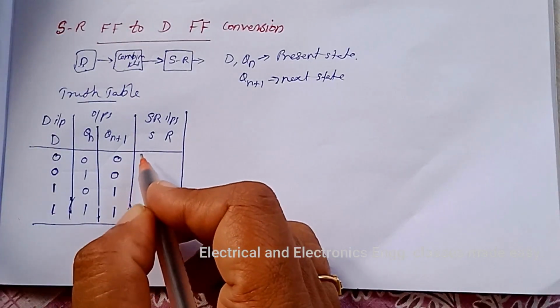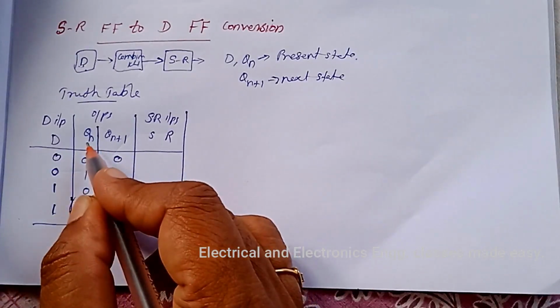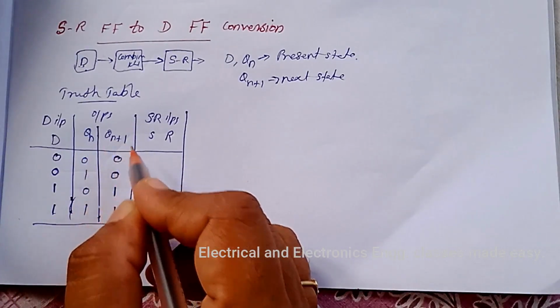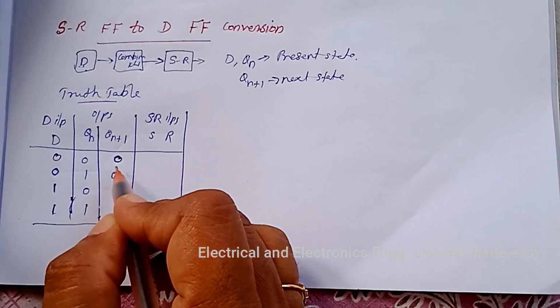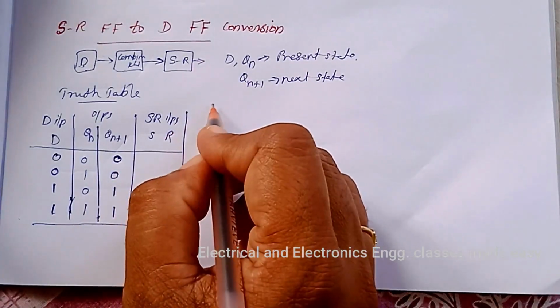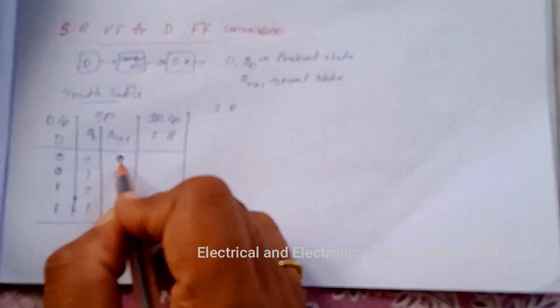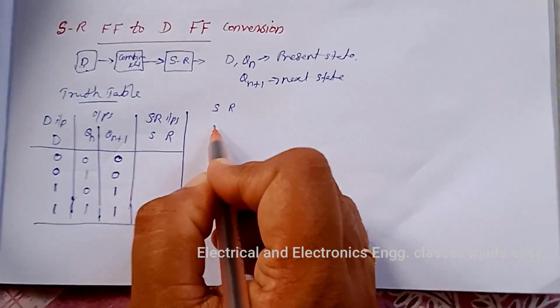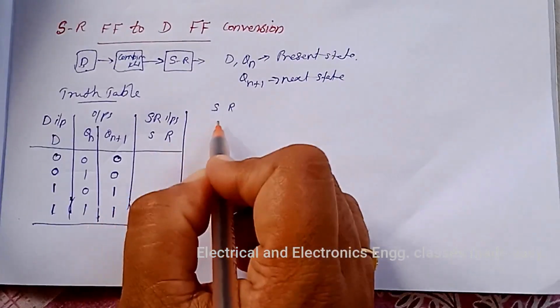Now we have to write the SR input depending on this Qn and Qn plus 1. So this is the next state to be obtained, that is 0. So for S and R inputs, to obtain 0, what are the combinations for inputs SR?